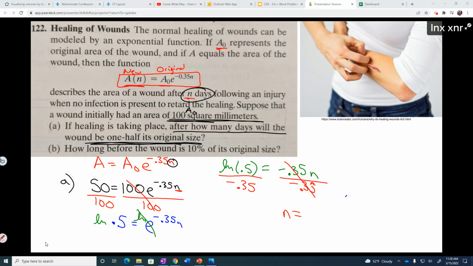So we want to do the natural log of 0.5 divided by negative 0.35. And what do we get as our answer? Yeah, 1.98. So let's say approximately 2 days, right? In about 2 days, half the area will be healed.